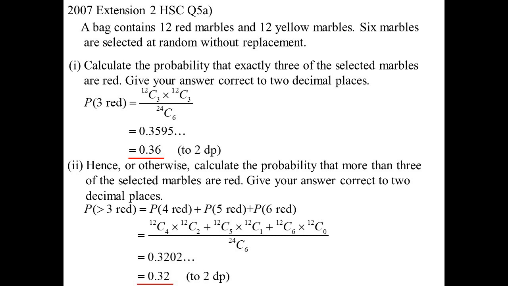So have a look at this one. Probability of greater than 3 red will equal 1 minus the probability of 3 red minus the probability of less than 3 red. So now I am using the complementary idea. Well, the probability of less than 3 red would be the same as greater than 3 yellow. But the probability of greater than 3 yellow is the same as the probability of greater than 3 red.